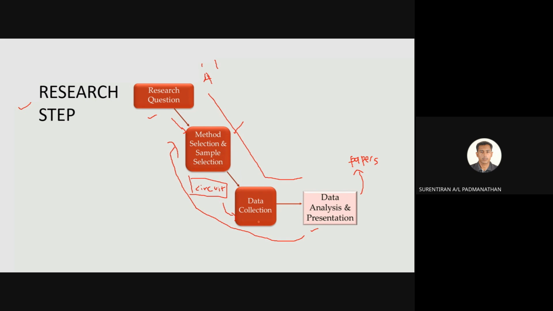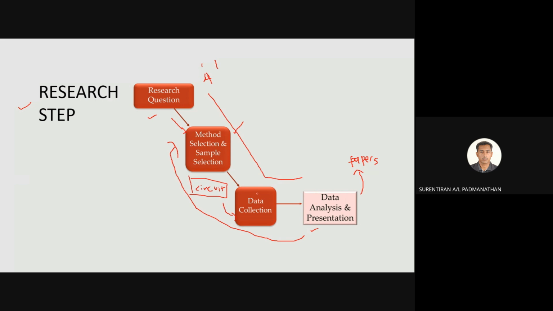So the data collection part is, for example, for those who are doing research in artificial intelligence, you want to collect some data to analyze whether the method that you use is correct or not.